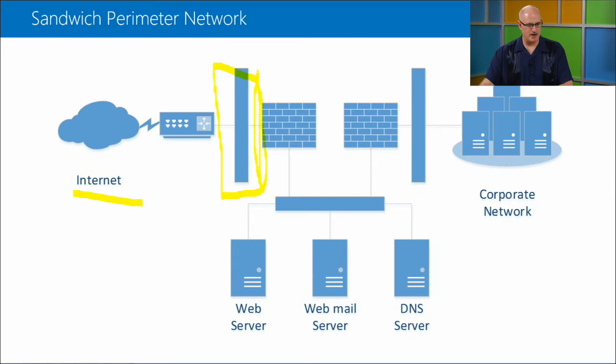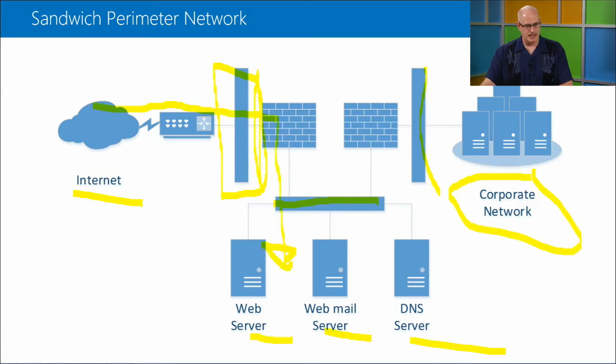Then we have a firewall here between the web server, the mail server, and DNS, and then a firewall here between the corporate network. So traffic is going to come in here, hit the firewall, be able to come over here and gain access here, and then these users can come over here and gain access to webmail, the server, whatever they need information to.